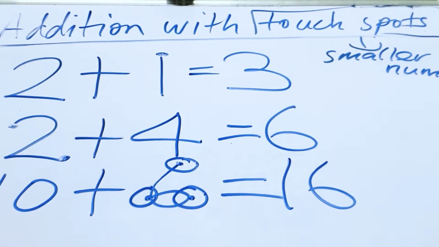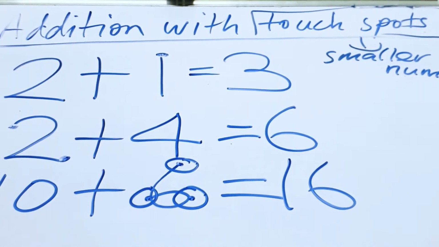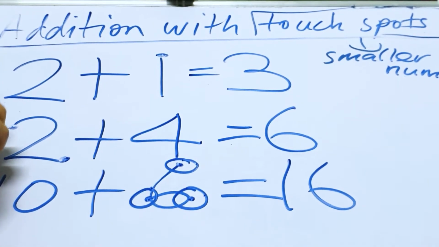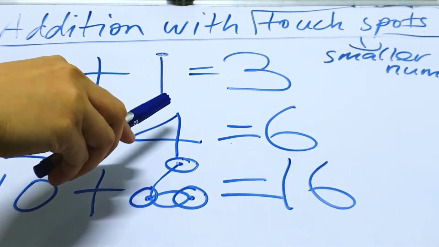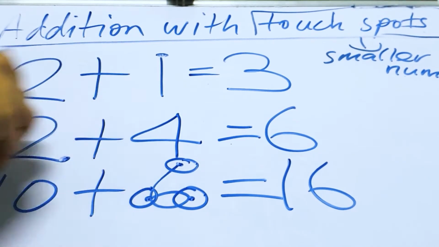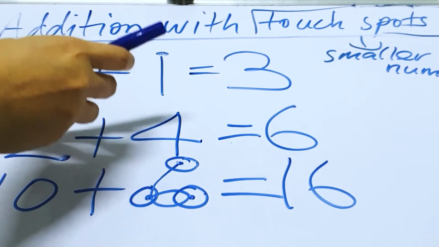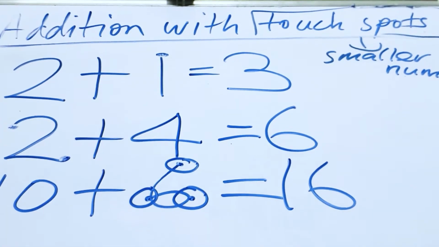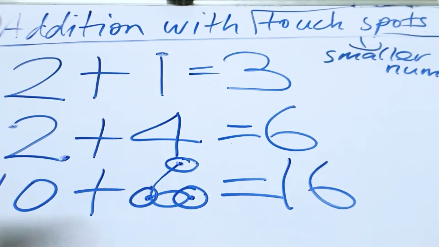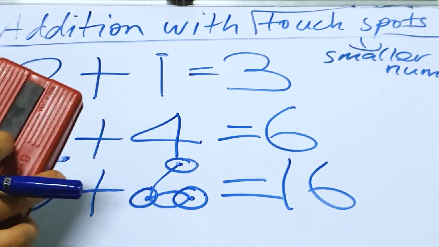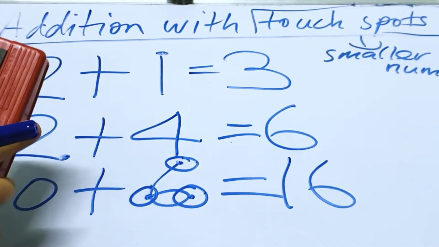Like my son, at the age of 3, he started Touchspots. Now he can do 2 digits, 3 digits, and even 4 digits. My son just turned 4, so he can do 4 digits.